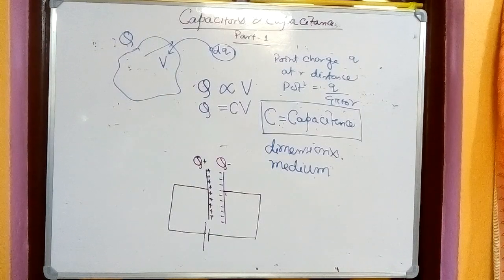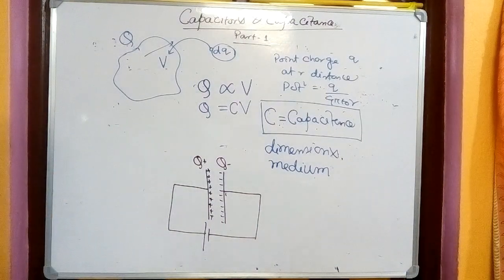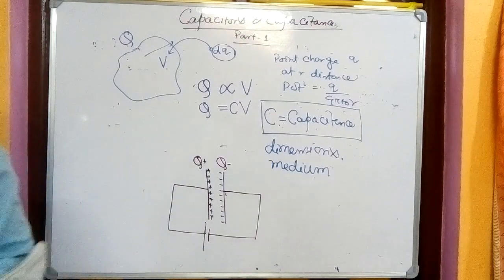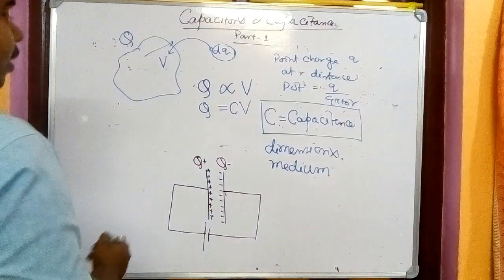Just now we said that a capacitor is used to store electric charge. For different materials, this storing property is different. So we need a certain property of the material by which we can understand which material can store what amount of charge, what the size of the material should be, and what the medium should be, and that is denoted by capacitance.